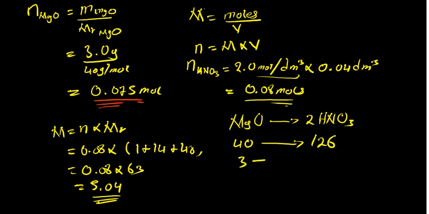What we don't know is our mass, so we cross multiply. Hence we say 126 multiplied by 3, divided by 40. We get 9.45 grams.